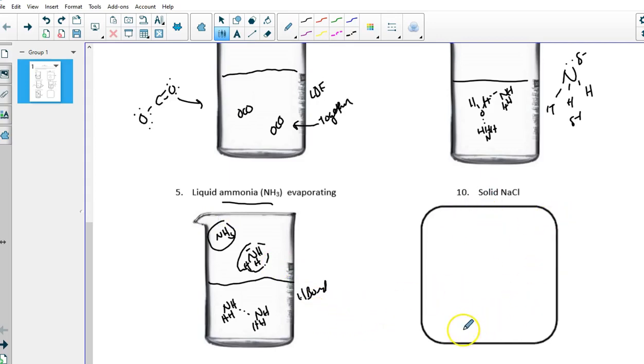Solid NaCl. Okay, now this is an ionic compound, so an ionic bond. And I'd want to just draw an NaCl just so we can be somewhat precise. I'm going to draw the cation a little smaller than the anion, just to show this as the chloride has 3 energy levels, where the sodium only has 2. I'm just going to draw this thing out sort of in the best bulk crystal that I can.